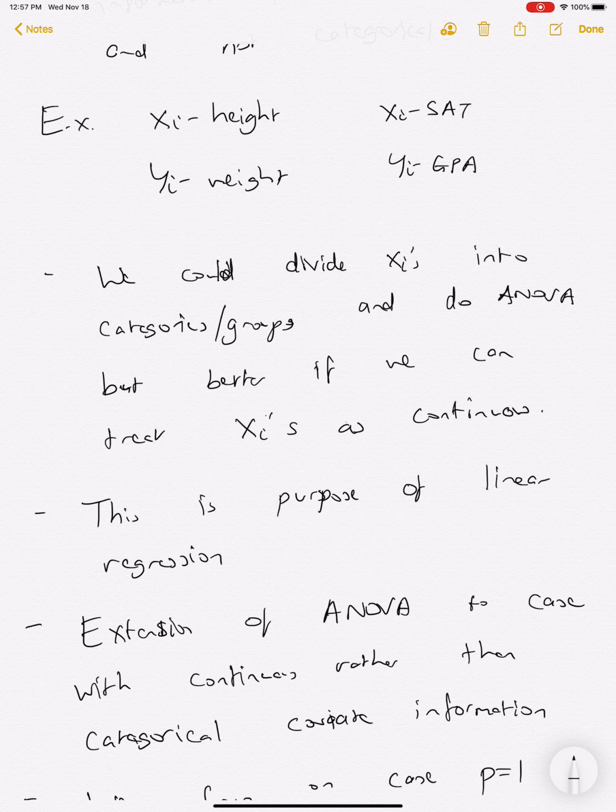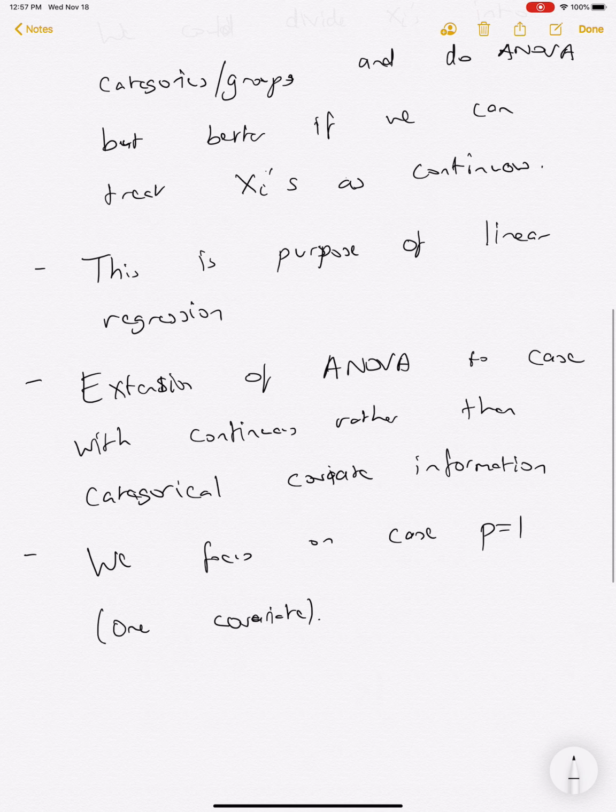You could certainly model that using linear regression as well. Here we're just focusing on the case where p equals 1, where you only have one covariate, and that's all that will be covered and tested. Extending beyond p equals 1, a lot of the ideas are very similar, but the math gets a bit more involved. So we're going to focus on the case where p equals 1.